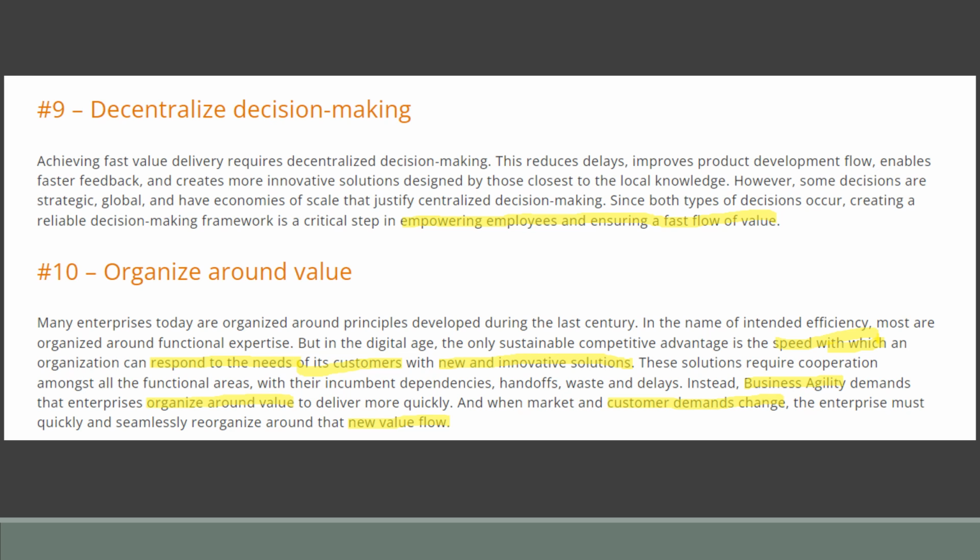It's very, very important. You need to identify the flow of value in all the value streams that impact business agility. Then whenever there is a change in the market and customer demand, the enterprise should recognize that a new value flow needs to be created. You can adjust and modify your value streams. It's very important that you organize around your value stream, not on your function, not on your solutions. You need to organize your projects, your systems or your release trains around the value stream.